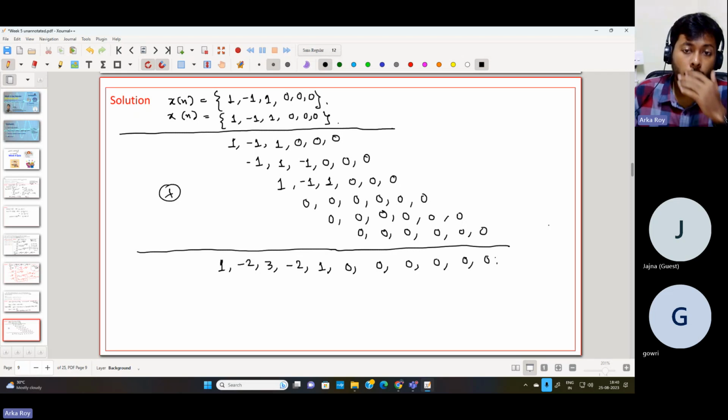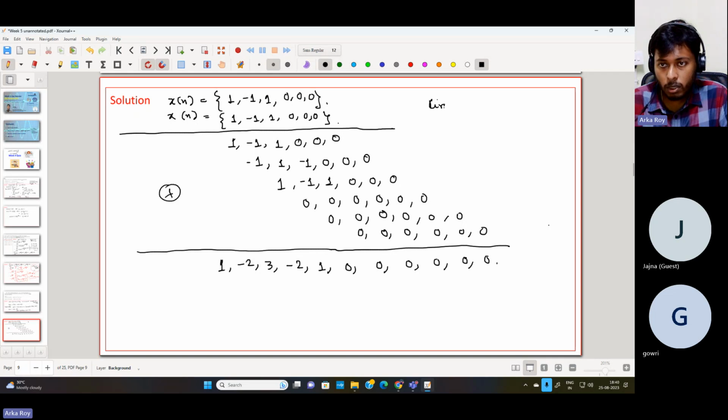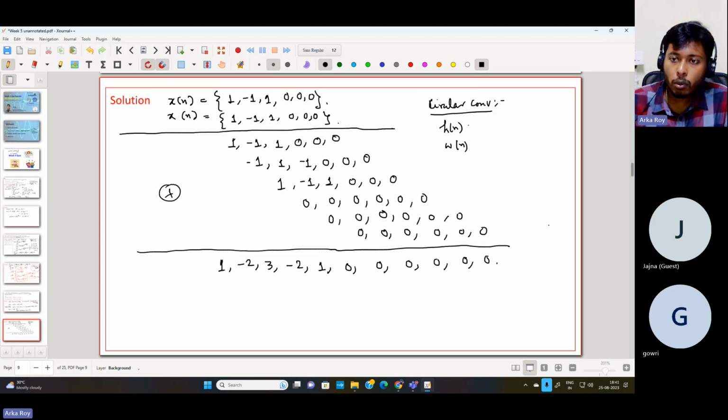So in case of DFT, in case of circular convolution, let me just change the name of the signal, otherwise it will cause confusion. Let us consider we have two signals, hn and wn, and hn has a support of n sample values, and wn has support of m components in the signal.